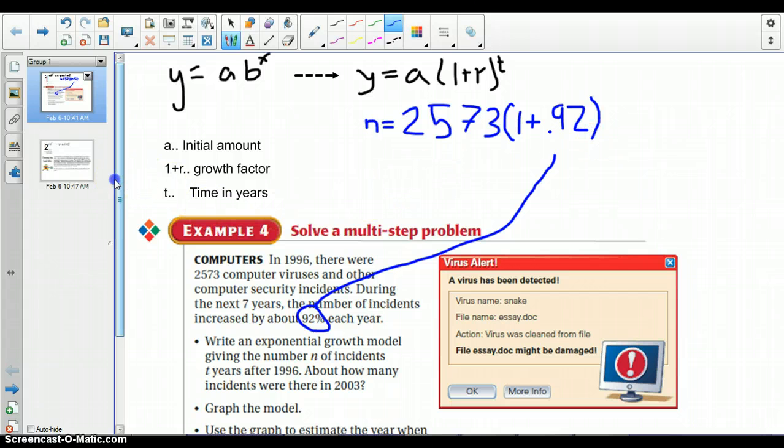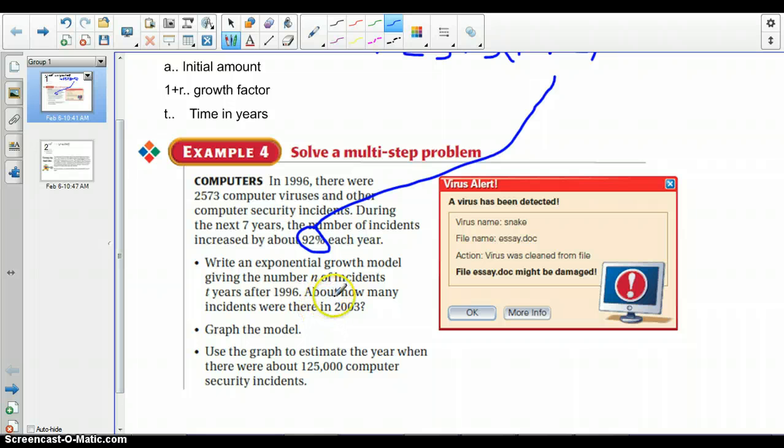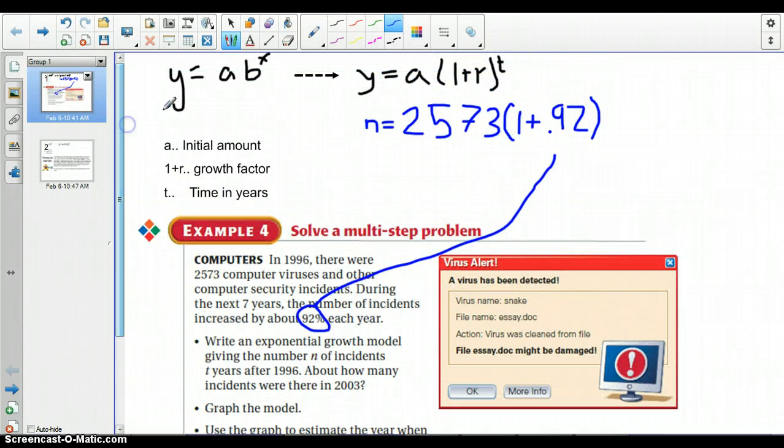The question they're asking is how many incidents were there in 2003? You have to ask yourself, how many years have passed from 1996 to 2003? Well, 1997 was the first year, 1998 the second year, 1999, 2000, 2001, 2002, 2003. There were 7 years that passed from 1996 to 2003. So that is the growth model.